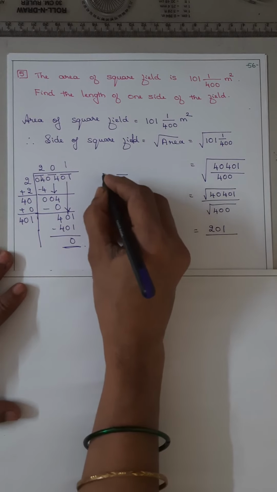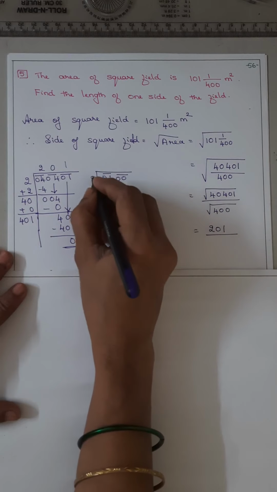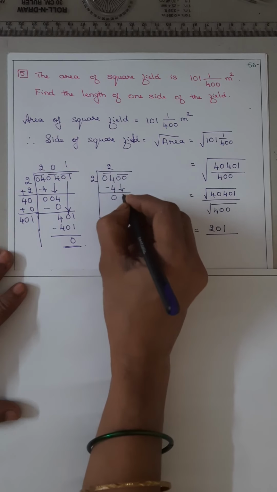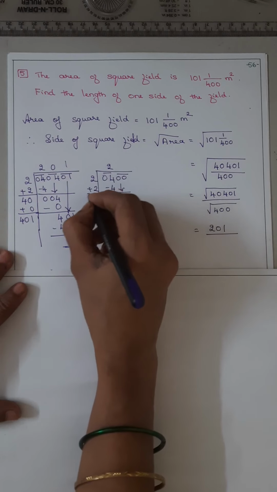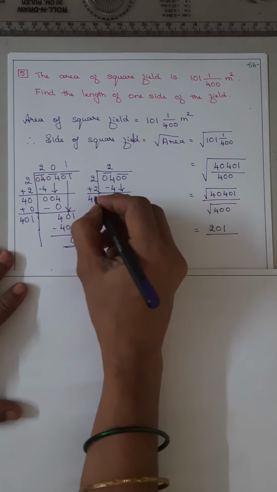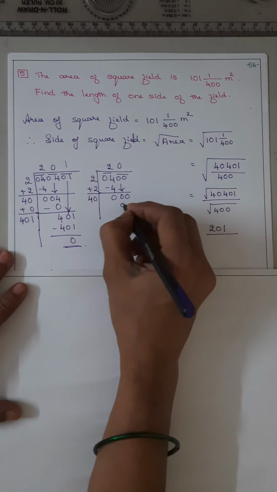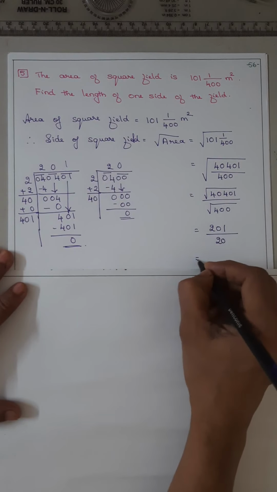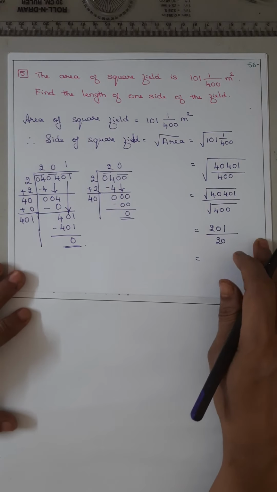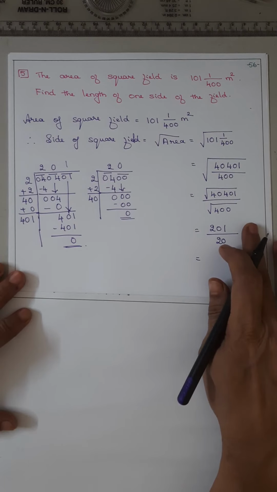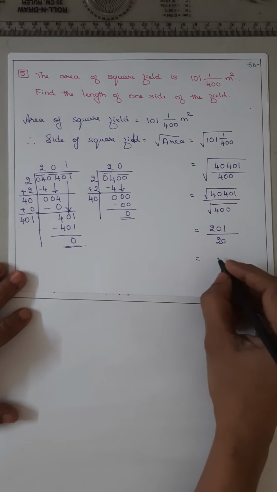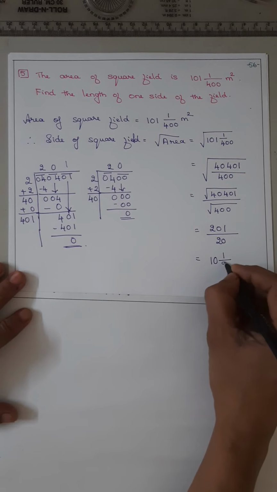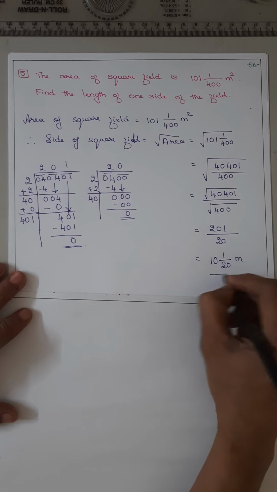In the denominator 400. From right side, it is 2 2s are 4. Bring 2 zeros down. Add 2. It is 4, 0. Okay. 20, how much are 201? 20 tens are 200. 1 remains upon 20 meter.